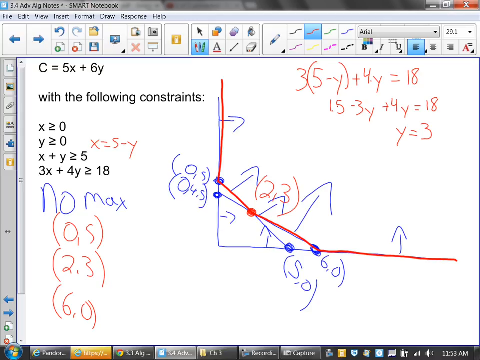So from there, all I have to do is substitute those values back into the objective function, and I know that I don't have a maximum. Is everybody in agreement that we don't have a maximum? Yeah. And why is that again? There's no lid. So now we just have to figure out where the minimum occurs. So it's going to be 5 times 0.